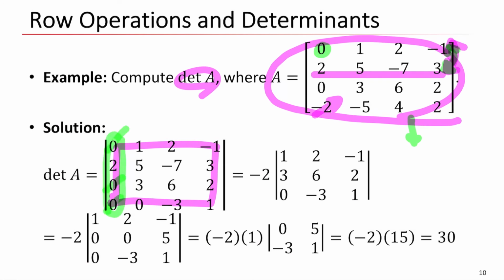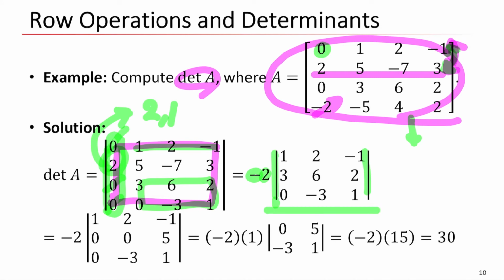So by only considering this term and this matrix with the negative sign, because the position here is 2, 1, negative 2 times the determinant of this one will be the same as the determinant of the original matrix A.